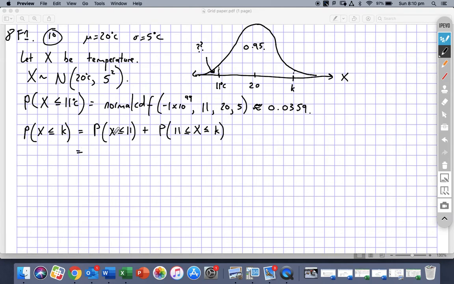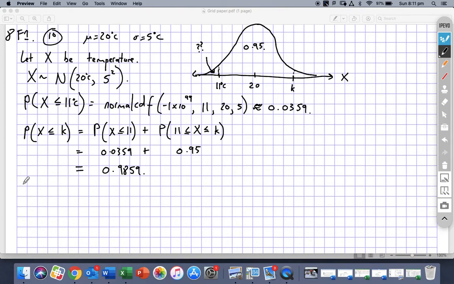So that we've just worked out. It was 0.0359. This one was 95%, 0.95. So whack them together and you've got 98.59% or 0.9859. And I can use that probability to work out this k using inverse normal, right?